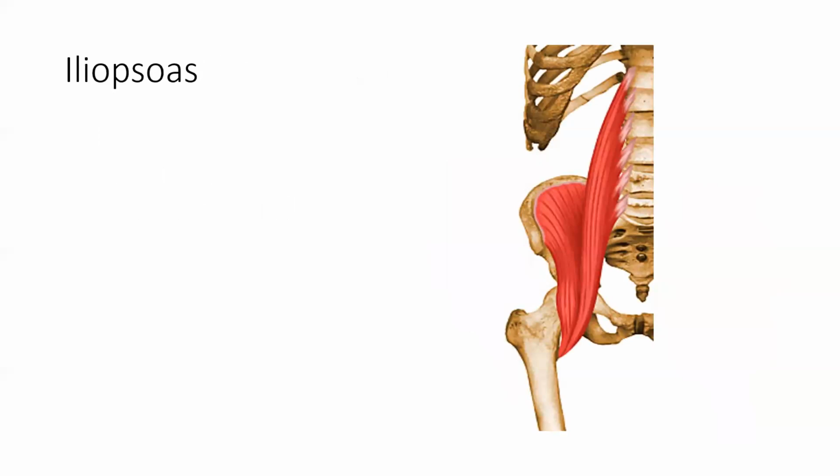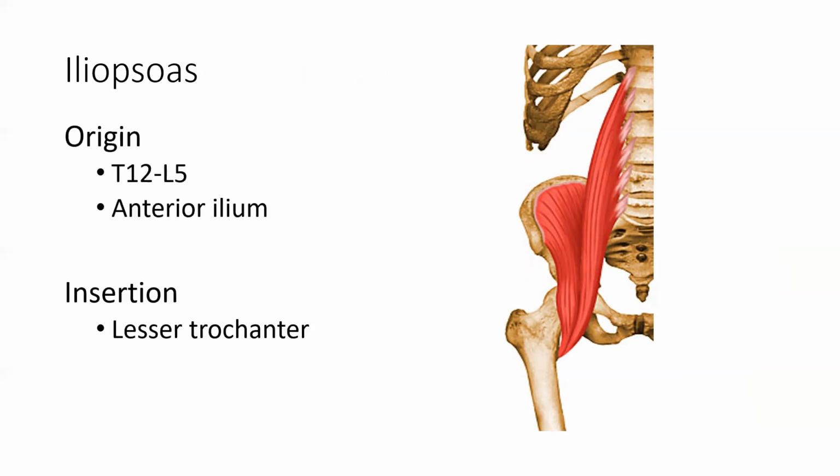Now we'll move up to iliopsoas, which is a combination of iliacus and psoas major. We kind of talk of these as a combination because they do have a similar insertion site at the lesser trochanter, and then the iliacus is attached on the anterior ilium, and the origin of psoas is T12 through L5. So our psoas attaches the lumbar spine to the femur, and then the iliacus attaches the pelvis to the femur from an anterior view.